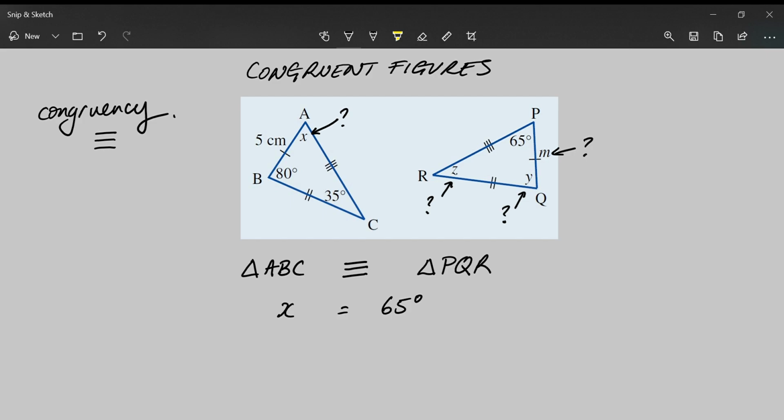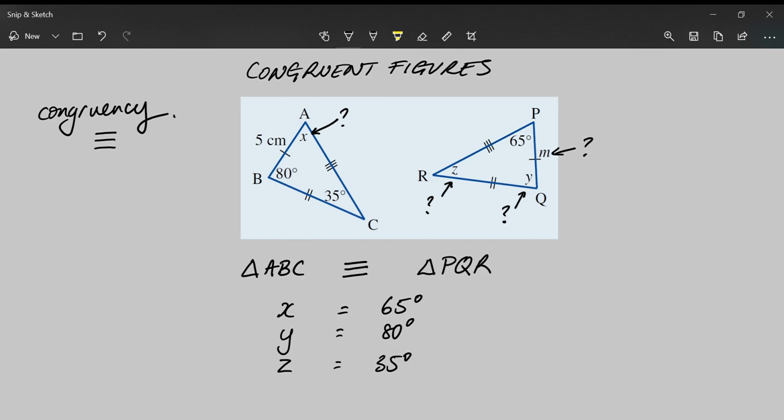If they are different, then the triangles aren't congruent. Same thing with Y. Looking at Y on this side, this corresponds to B. So we could say that Y is equal to 80 degrees. And then lastly, we've got Z that we don't know in terms of angles. And that corresponds to this angle here, which should equal 35 degrees.